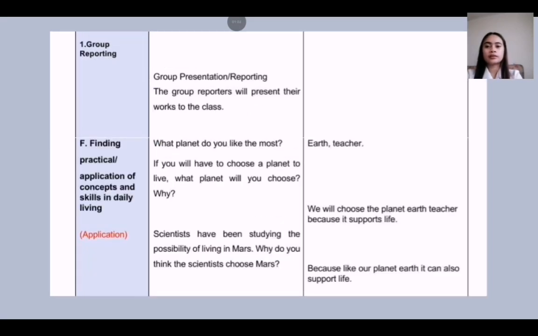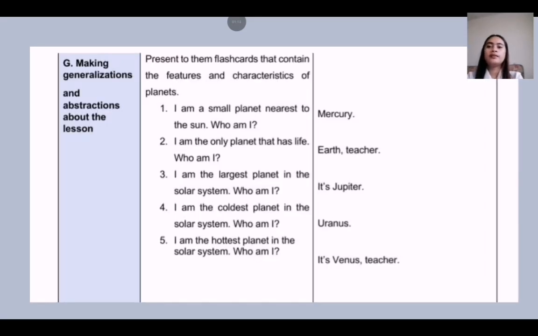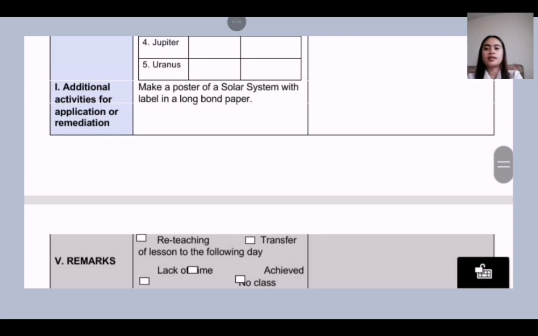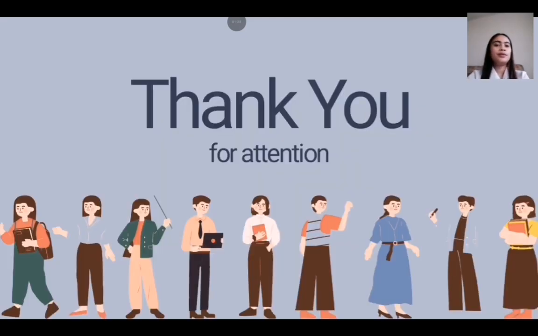And this is the application of concepts or skills in daily living. So, here comes the application. And making generalizations and abstractions about the lesson. And there's the evaluating learning. And last is the additional activities for application or remediation. So, that's all. Thank you.